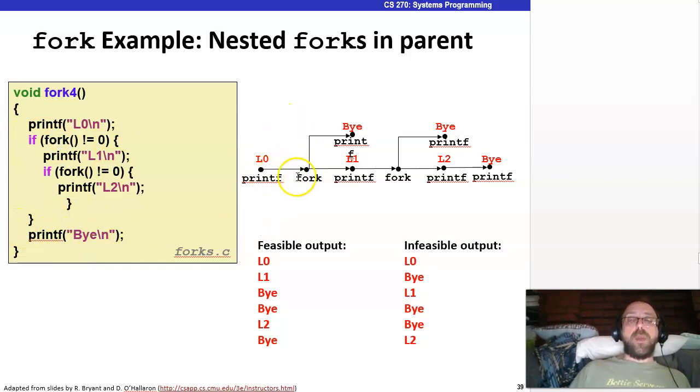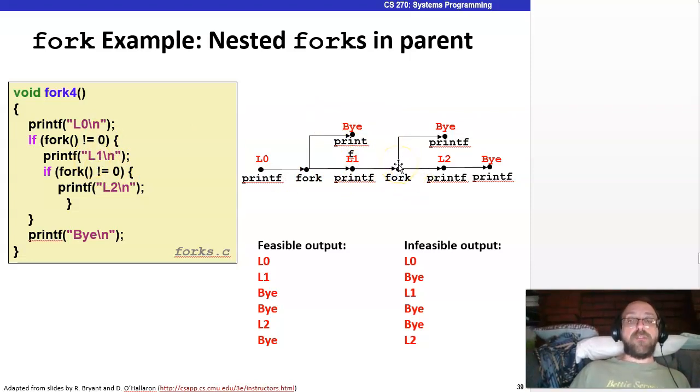So we can model it with this diagram. We have the printf, then the fork. The parent process over here will do one thing. The child process, if fork returned 0, will go straight to printf bye and then exit the function. So that's this node. But in the parent, after we do the printf of L1, we call fork again.